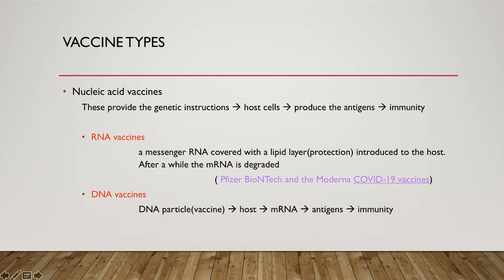Here the vaccine brings messenger RNA, but there the host will produce messenger RNA using the DNA particles in the vaccine. And then it will produce antigens which will cause immunity. At the moment, for humans, these vaccines are not manufactured yet. They are still at the animal study stage. But in the near future, we will get these DNA vaccines.